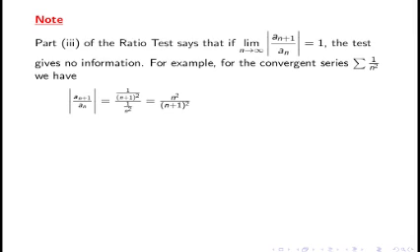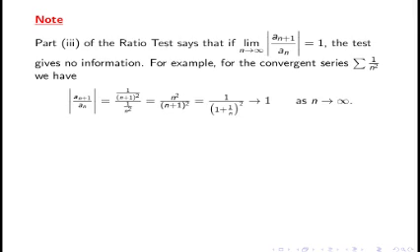Now, what we are interested in is the limit of that expression as n goes to infinity. So we will divide again numerator and denominator by the highest power of n in the numerator. And when we do that, we get that the limit is 1.